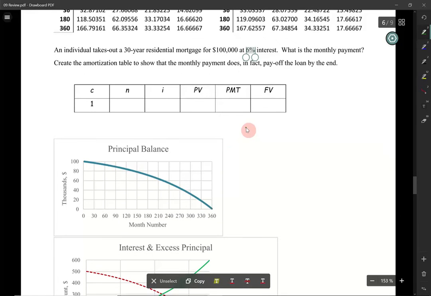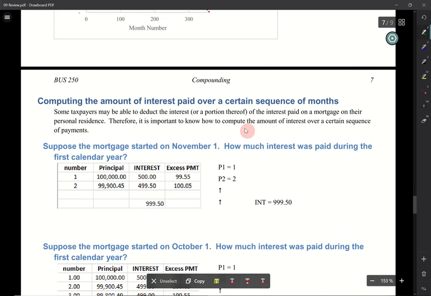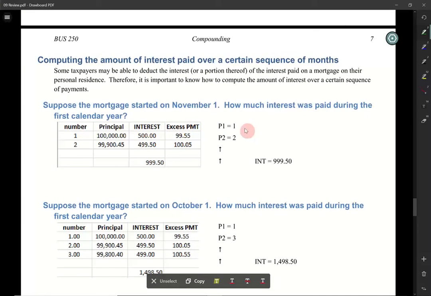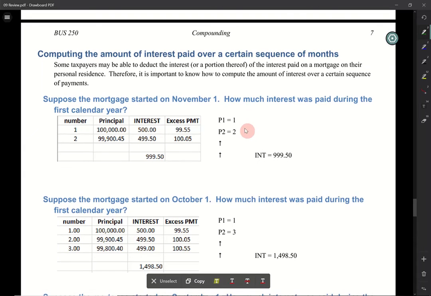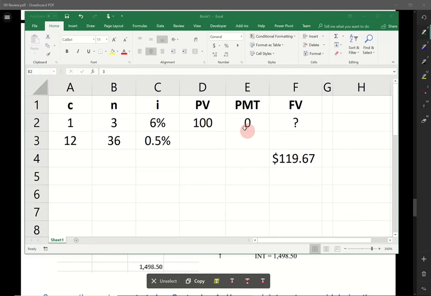So here's this case that we've been looking at, right? And so what we want to do is we want to look at the amortization table for this mortgage, right? So let's go into Excel, right?